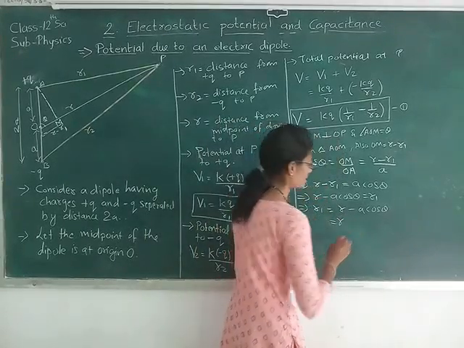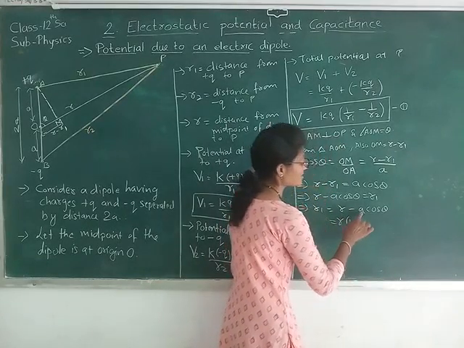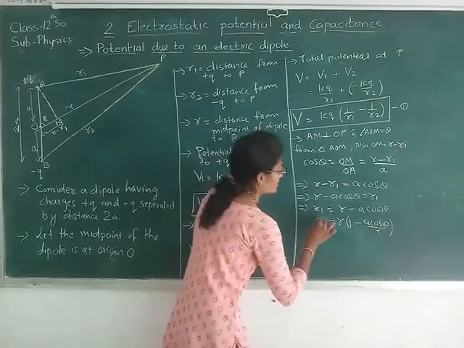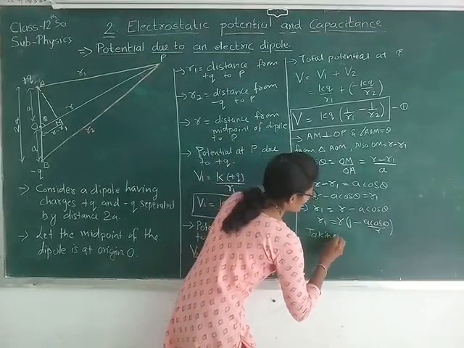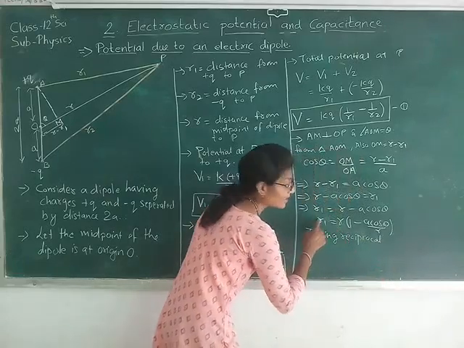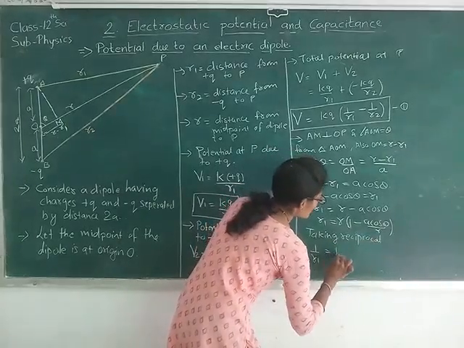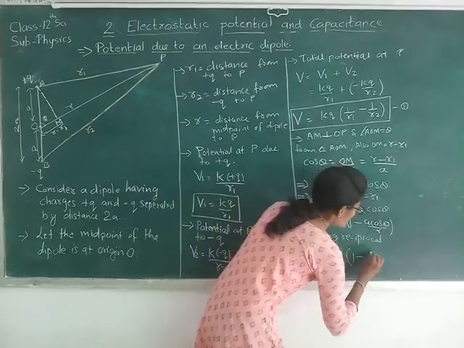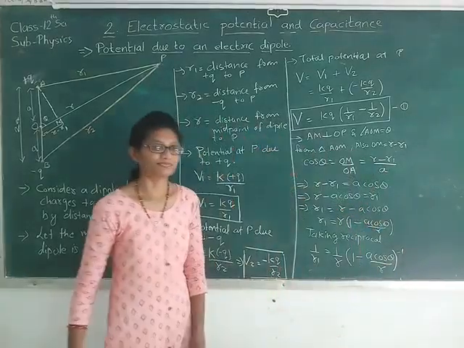Taking R common over here, the first term becomes 1 minus, the second term becomes A cos theta upon R. Now taking reciprocal of this, on the left hand side it will be 1 upon R1 equals this term, it becomes 1 upon R, and here we are having power 1, so we can write 1 minus A cos theta upon R raised to minus 1.